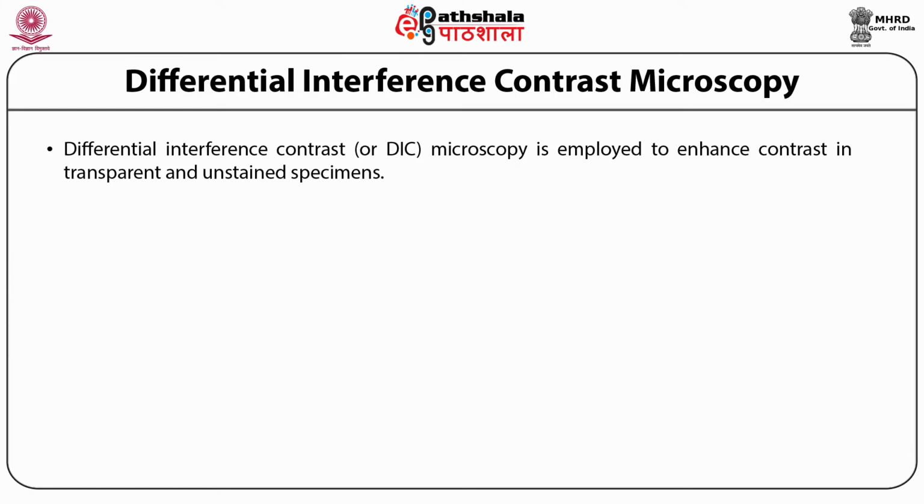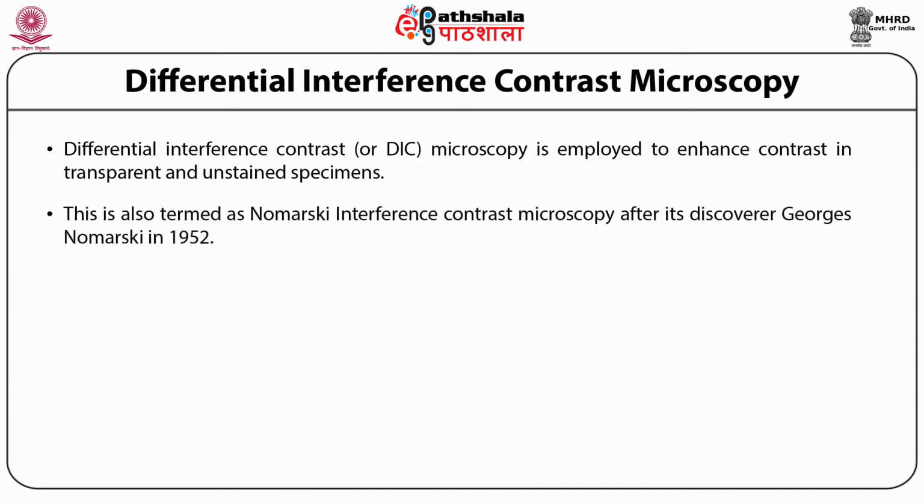The principle of the interferometer is used in DIC to obtain information on the optical path length of a specimen and its invisible characteristics. This is also termed Nomarski interference contrast microscopy after its discoverer Georges Nomarski in 1952.